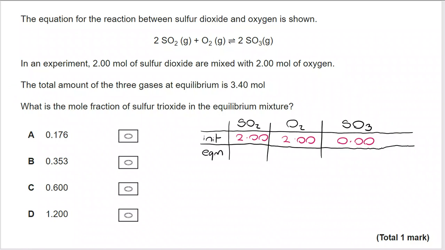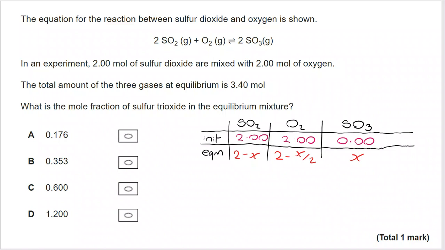Now, if I say that the number of equilibrium moles of SO3 is X, I can then follow that through and say that the number of equilibrium moles of SO2 will be 2 take away X, because 1 mole of SO2 makes 1 mole of SO3. Slightly more complicated, 1 mole of O2 makes 2 moles of SO3, so the number of equilibrium moles of O2 will be 2 take away half an X, or X over 2.